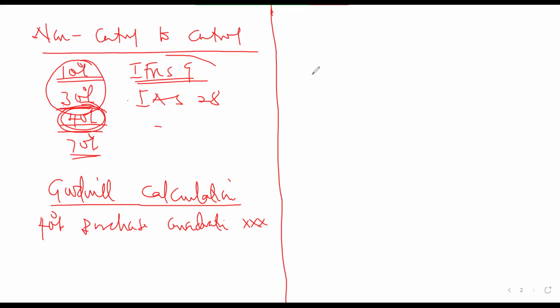It means that you have to remeasure the investment before you now recognize it as purchase consideration. So the existing investment should always be at fair value before you treat it as a purchase consideration.